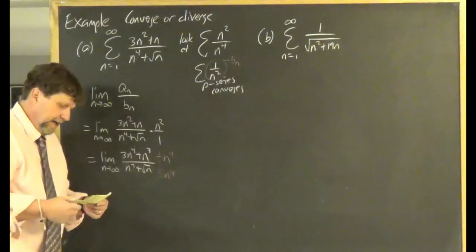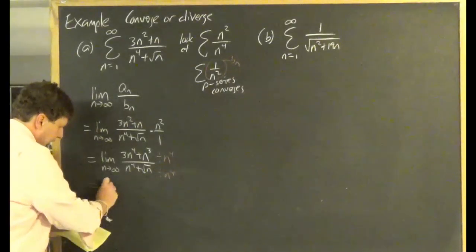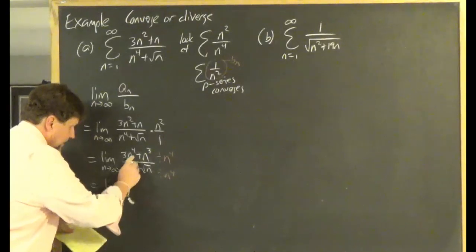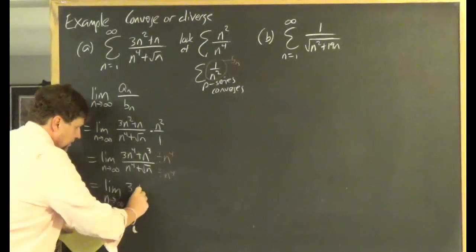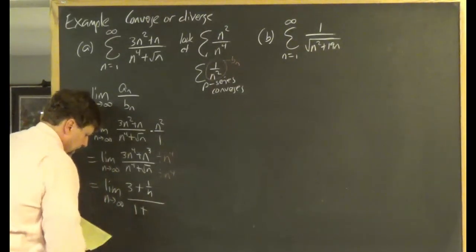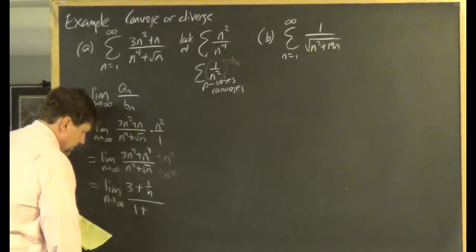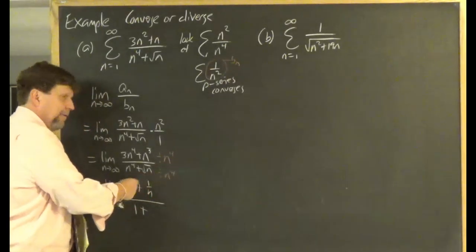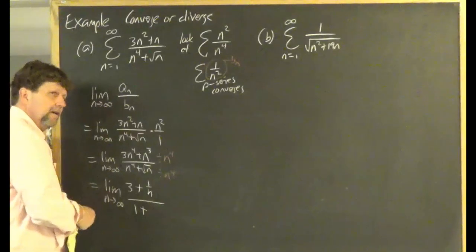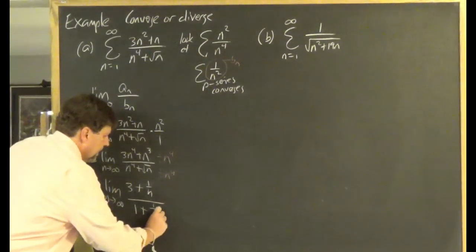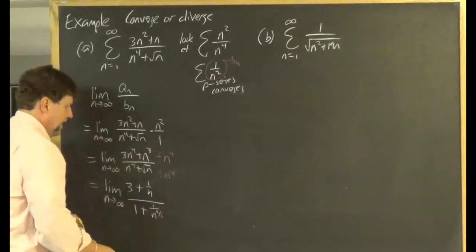When you do that, you get the limit as n goes to infinity of 3 plus 1 over n, over 1 plus, n to the 1/2 divided by n to the fourth, that would be n to the negative 7/2, so that's 1 over n to the positive 7/2.